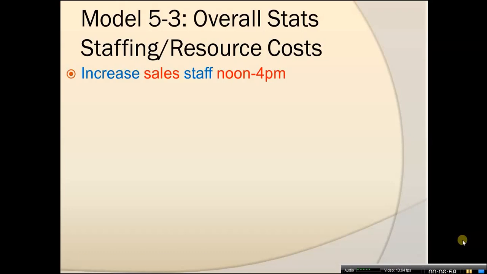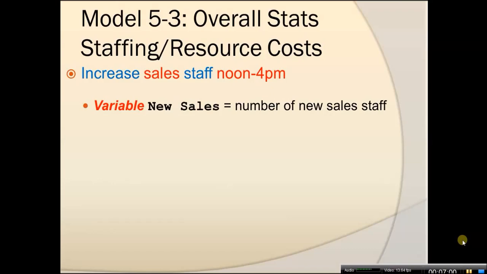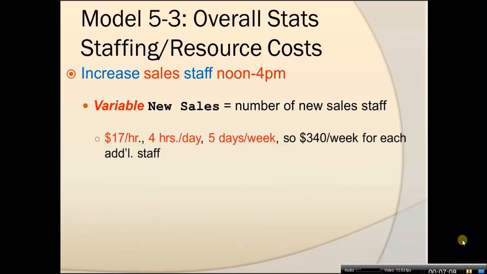So to increase the sales staff at noon, we're going to define a variable called new sales, and that will represent the number of new sales staff. We're also going to assume that each new salesperson that works during noon to 4 p.m., the part-time salesperson, gets $17 per hour, works 4 hours per day, 5 days per week.